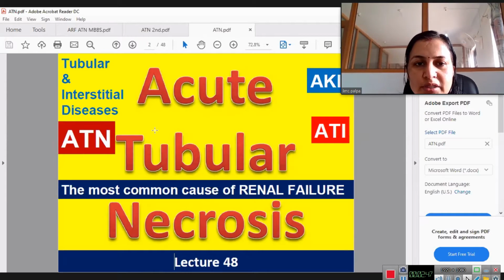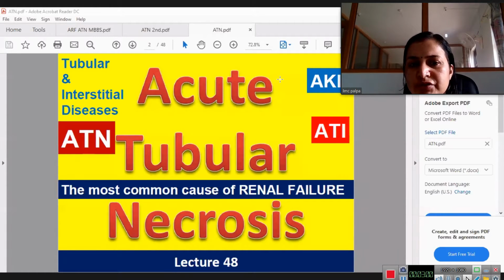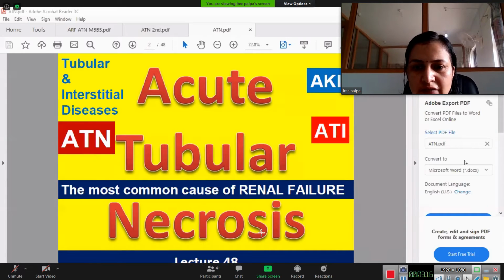It has many synonyms: acute tubular necrosis, acute kidney injury, and it is the most common cause of acute renal failure. ATN, acute tubular necrosis, AKI, acute kidney injury, ATI, acute tubular injury. They are all synonymous and it is the most common cause of renal failure.